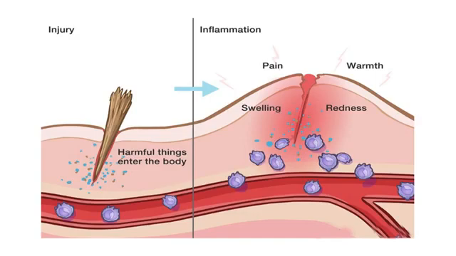This will result in the reddening of the injured area and the increase in the heat of the affected area. When the blood capillaries increase their size in diameter, the fluids and other important immune cells get released into the affected tissue areas, and this will result in the swelling of the tissues.